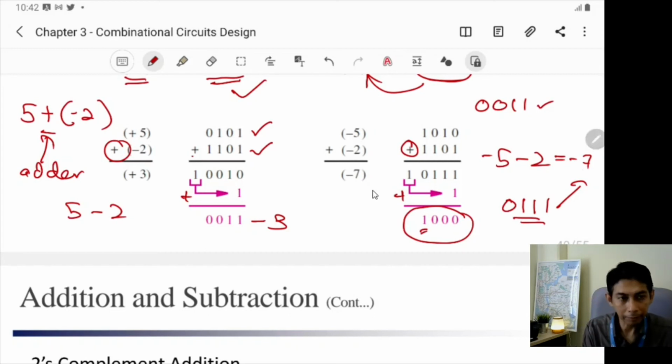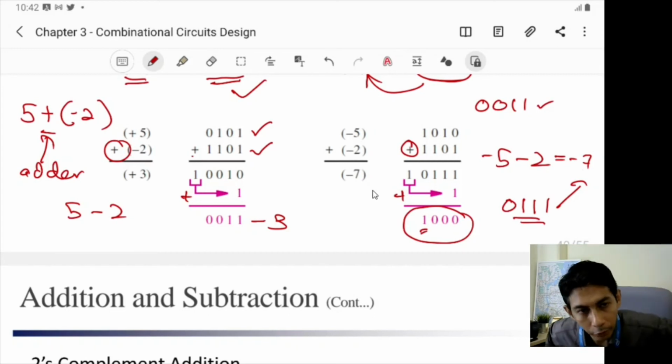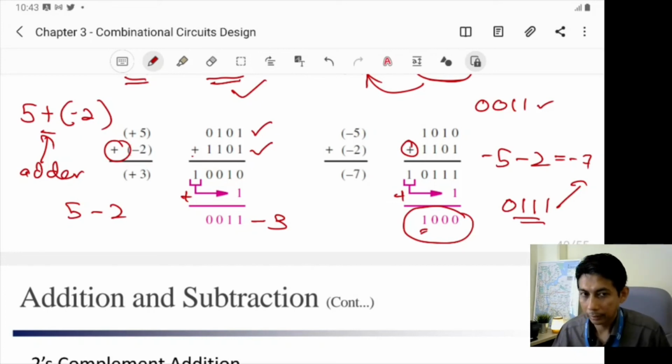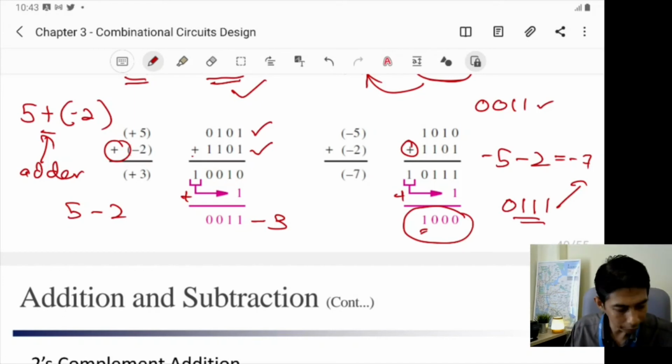So the conclusion is that, yes, we don't have a subtractor circuit, but if we represent negative numbers in first complement format, we can do subtraction using the adder. This is very good. Alright, you get the idea? Please give feedback.